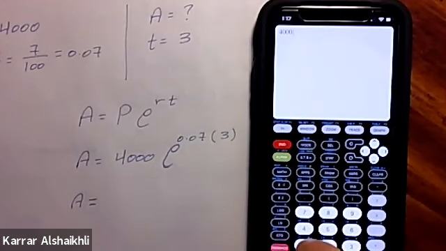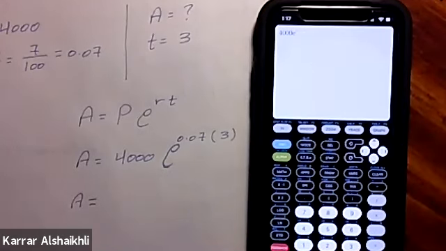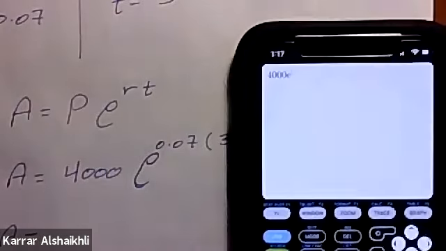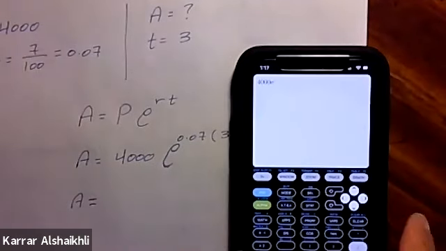So the second function and the ln, you see, is going to be e to the exponents. So this is really important. So now type the exponents, which is 0.07 times 3. Press enter.